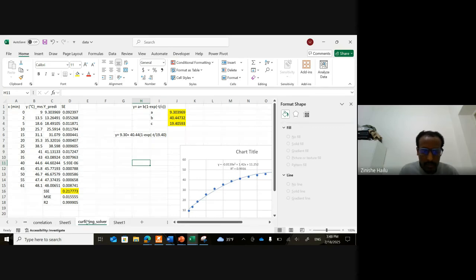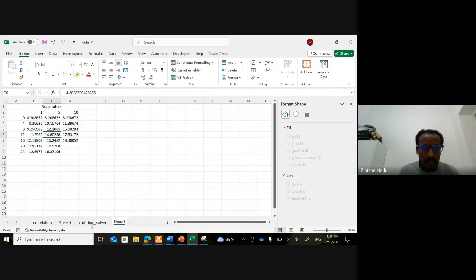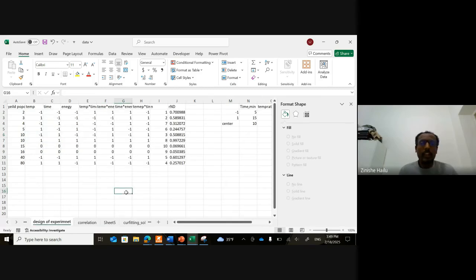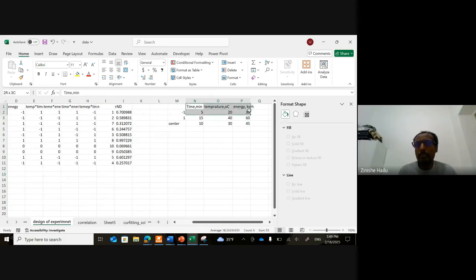The last but not the least we'll see is the design of experiment. Okay, on design of experiment, let's say I will show you this. We have 3 major factors: the time, the temperature, and the energy.